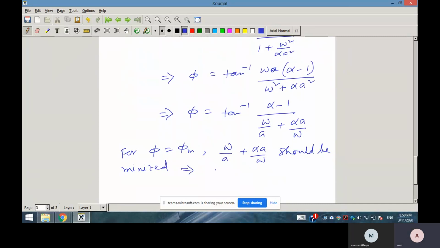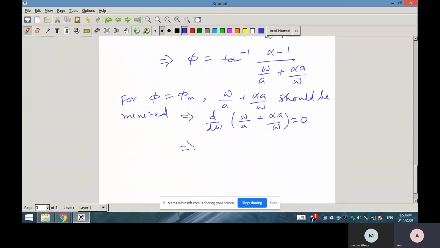So what is the frequency at which it will be minimized? d by d omega of (omega by a plus alpha a by omega) equals 0. This means 1 by a minus alpha a by omega square equals 0. So omega equals a root alpha. So this is the frequency, I will mark it as omega m.